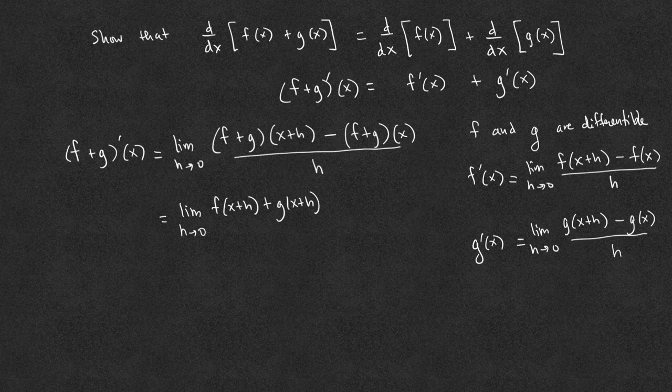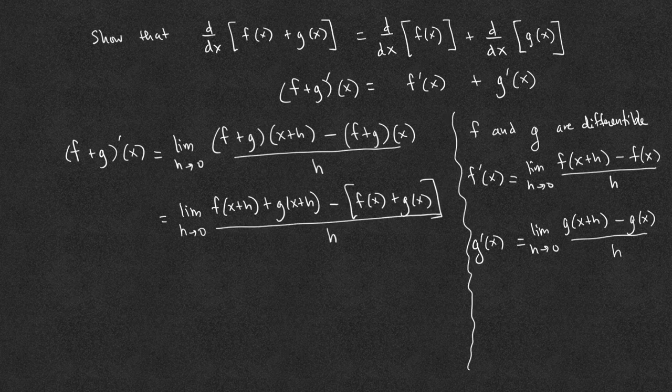This is how we evaluate the sum of the functions. We add the two functions at that input. Similarly, minus f of x plus g of x over h. And then we use an algebraic manipulation trick.